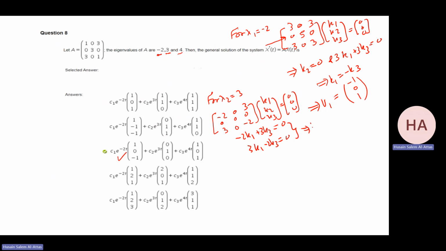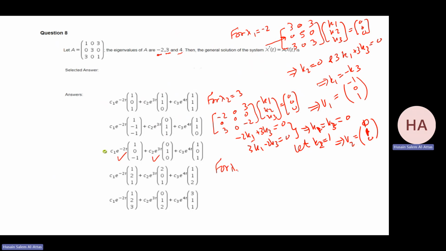If we solve these two, very clear, I'm getting K1 equal K3 equals 0. So I let K2 be 1. So I'm getting V2 equals 0, 1, 0. Yeah, that will be the answer.